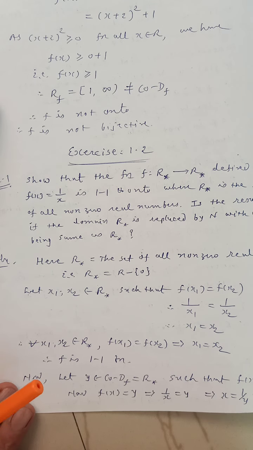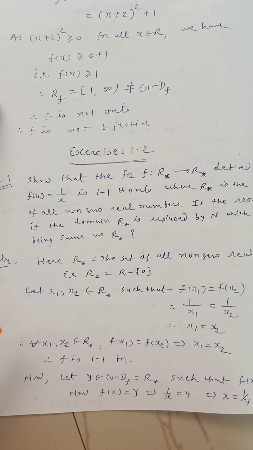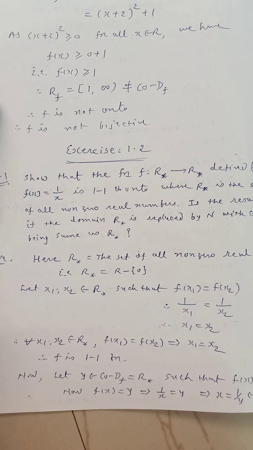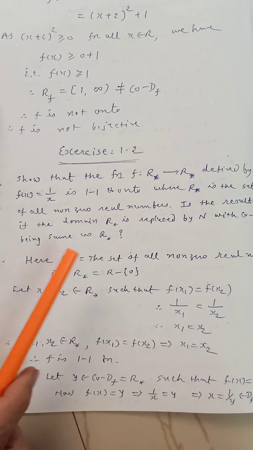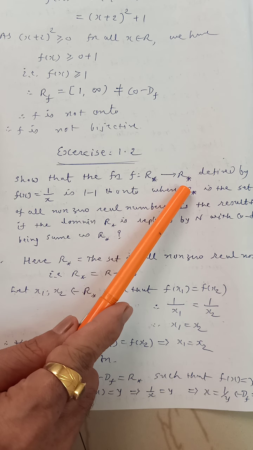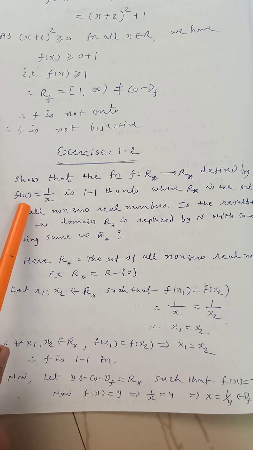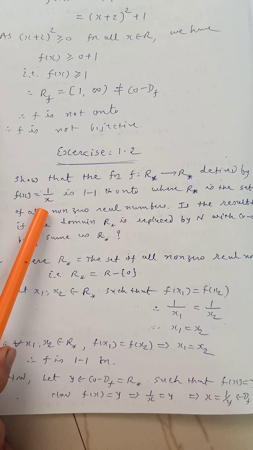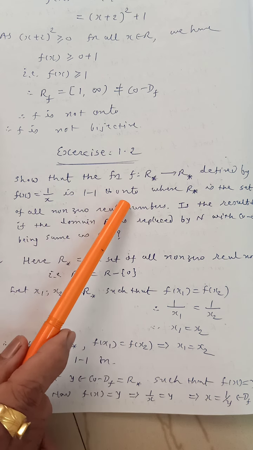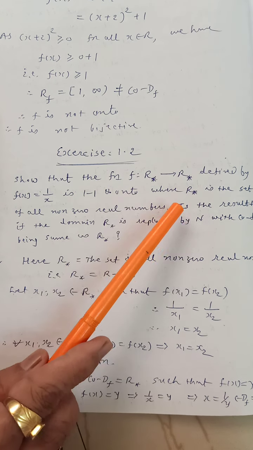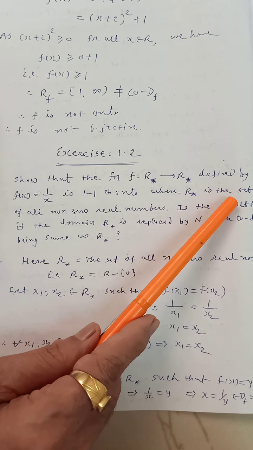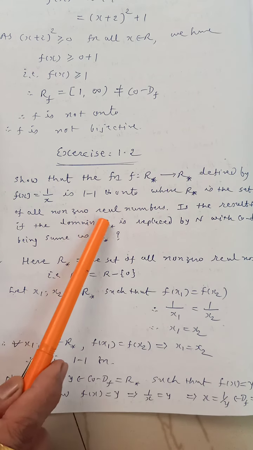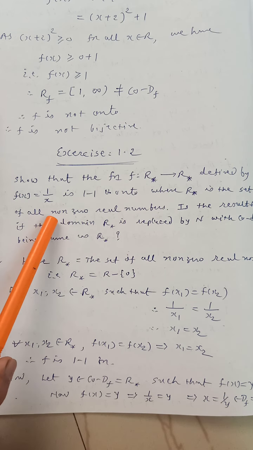Now we start exercise 1.2, example number 1. Show that the function f from R star to R star defined by f(x) equal to 1 upon x is one-one and onto. Here R star is defined as the set of all non-zero real numbers.